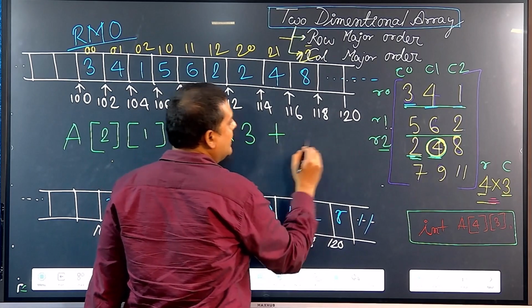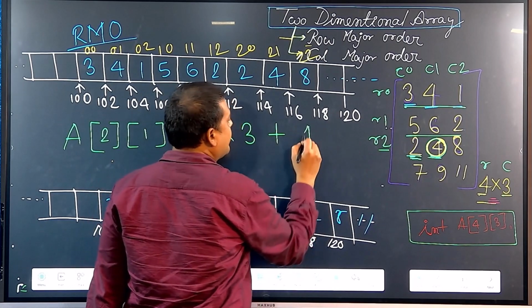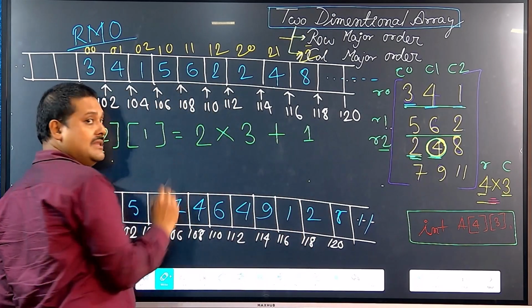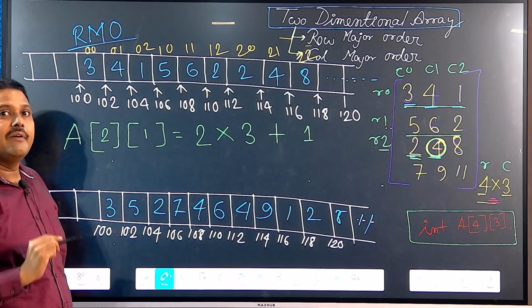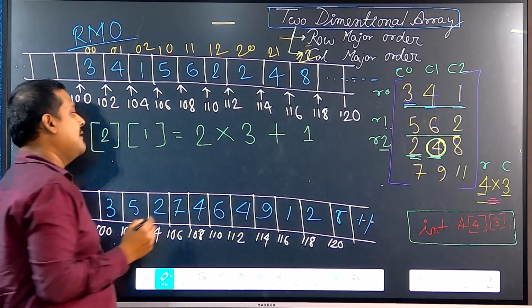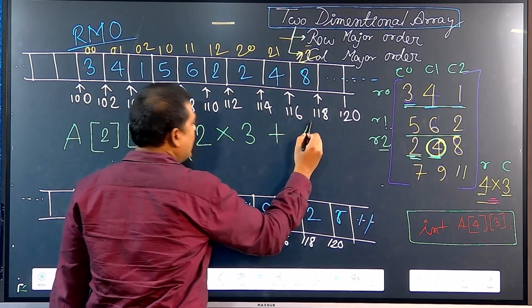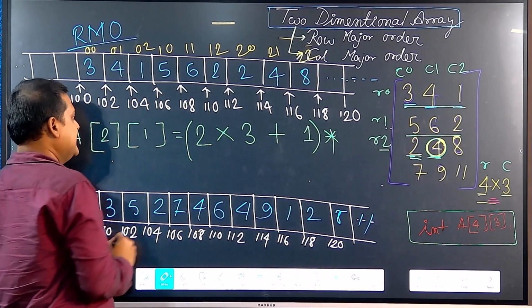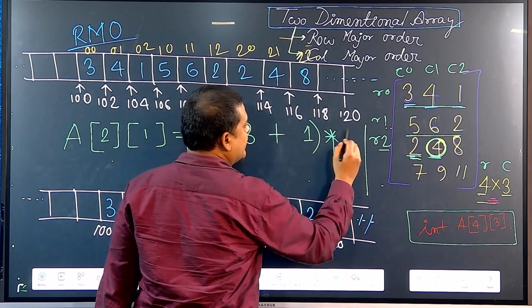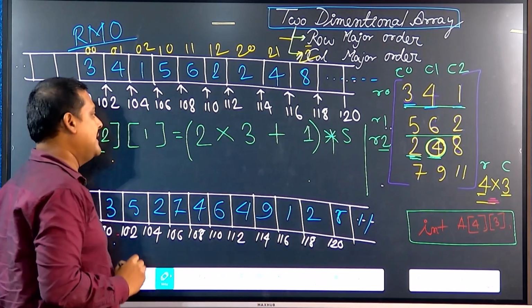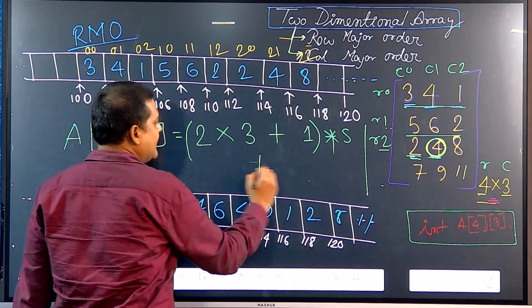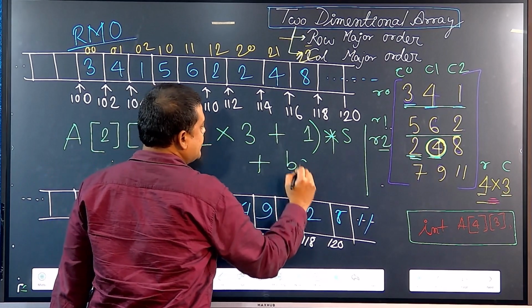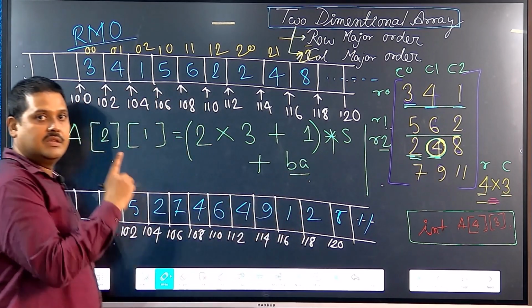This is the total number of elements that I have to cross, multiplied by the size of each element, S, plus the base address of the array.